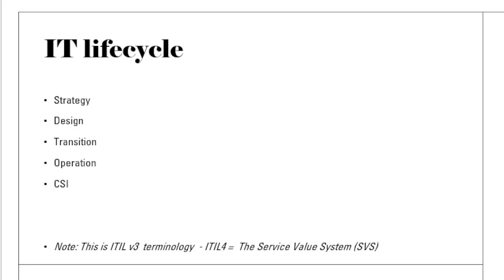And then the continuous service improvement is all about measuring and reporting the service. So service management, service measurement, service reporting activities, and service improvement, and keeping tracks of those items. But to reiterate, these are version 3 of ITIL terminologies. In ITIL 4, this now moves into a service value system, which is commonly referred to as SVS.